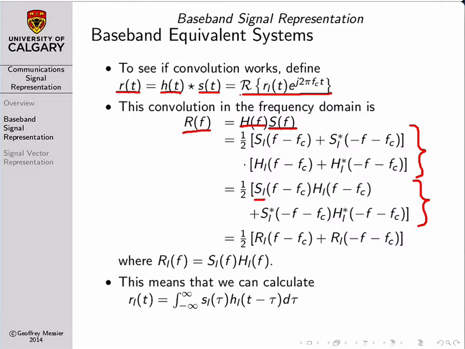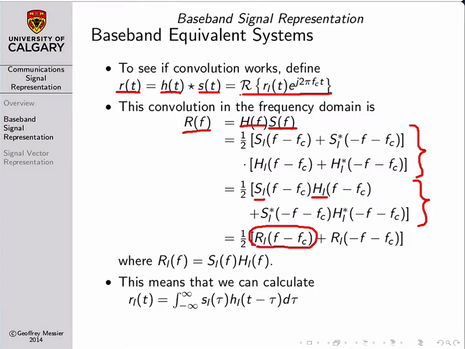And so what we have is the baseband signal spectrum of our signal centered at Fc multiplied by the baseband equivalent of our system response centered at Fc. And so these two underlined terms are confined to the local spectral neighborhood centered around Fc. And so we can represent the product of SL and HL at plus Fc as a single term RL.